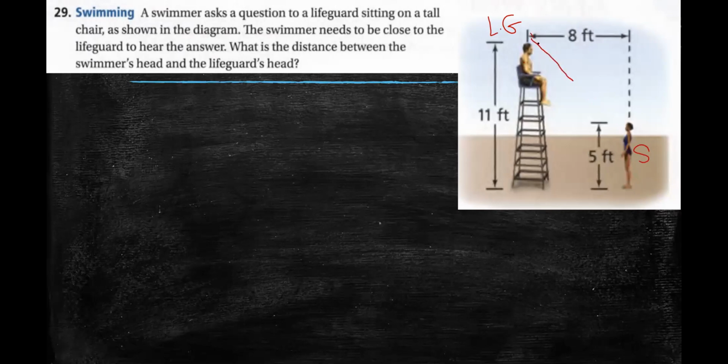I need to find this distance here. How can I find it? First, you will use the Pythagorean theorem, because here, as you see, we have a right triangle.